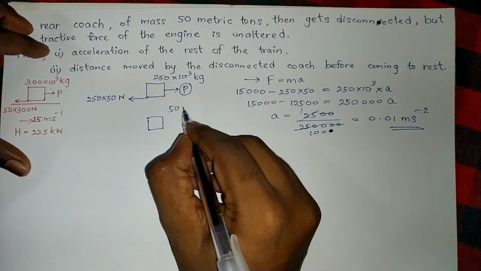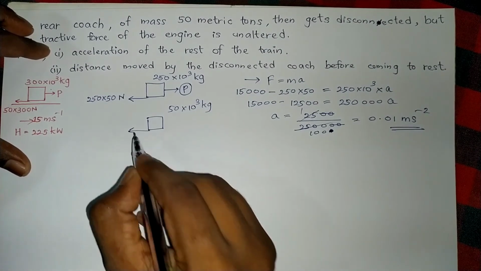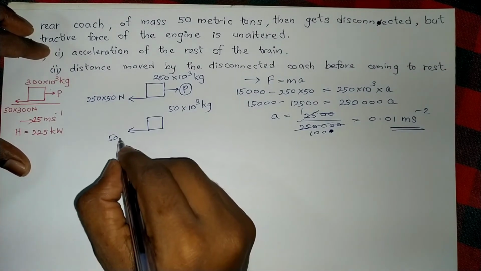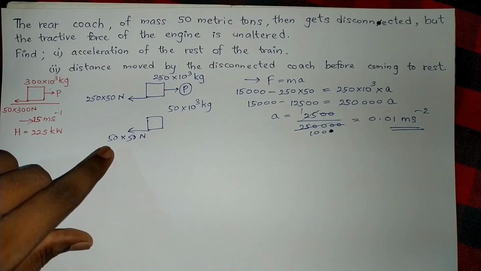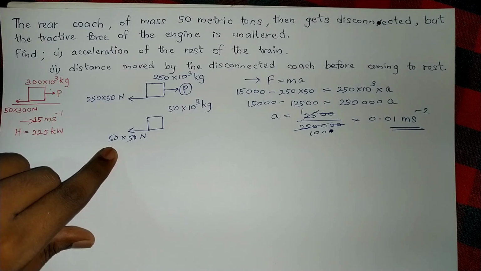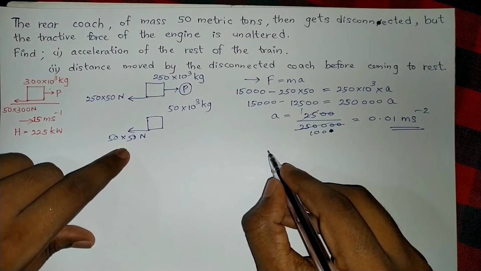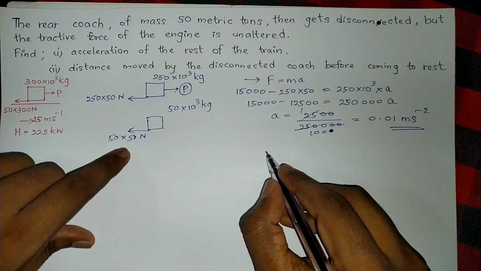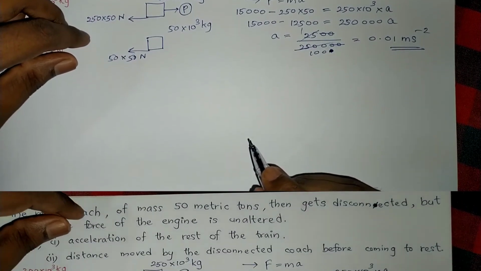Mass is 50 metric ton. So the total resistance for this rear coach is 50 into 50. The resistance force is going to decelerate the rear coach. Therefore, the total work done by this resistance force is equivalent to the loss of kinetic energy of the rear coach.